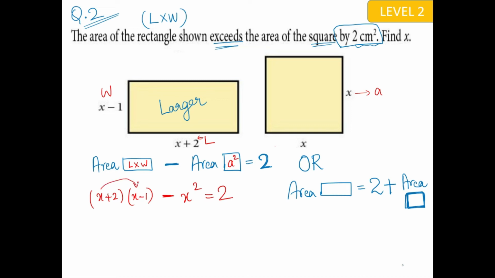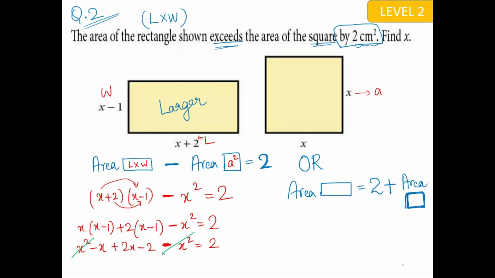Expanding the brackets, x multiplied by x minus 1 plus 2 multiplied by x minus 1, minus x squared is equal to 2. Further expanding, I have a plus x squared and a minus x squared, which cancel.